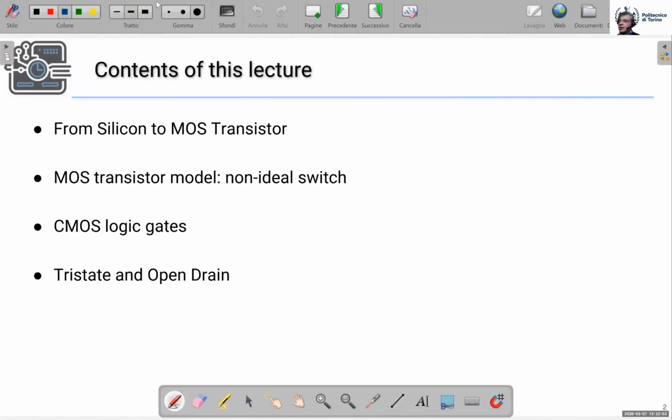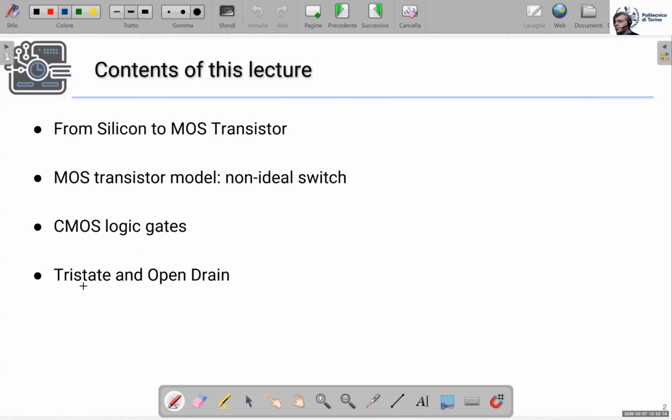And based on that, we will discuss how digital circuits which implement basic Boolean functions like the NAND or the NOR function can be developed starting with MOS transistors.